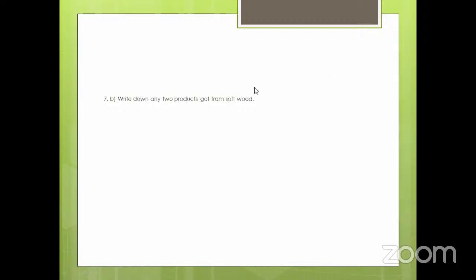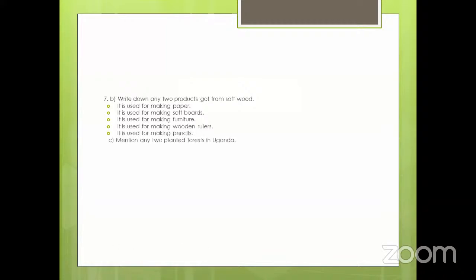Good. Any other? Any other? Okay. So the products are there, we make from softwood. All together, the products are there.